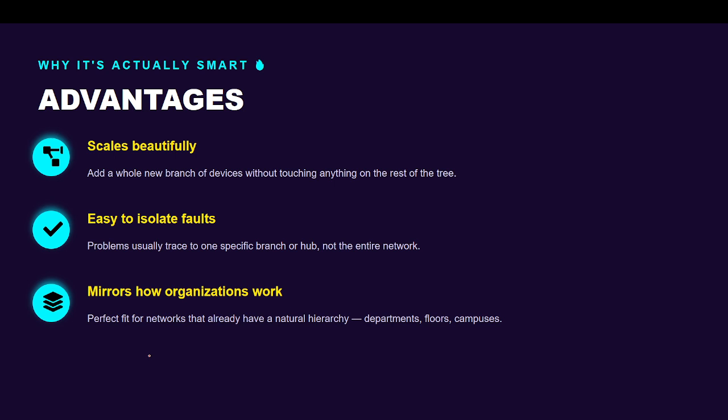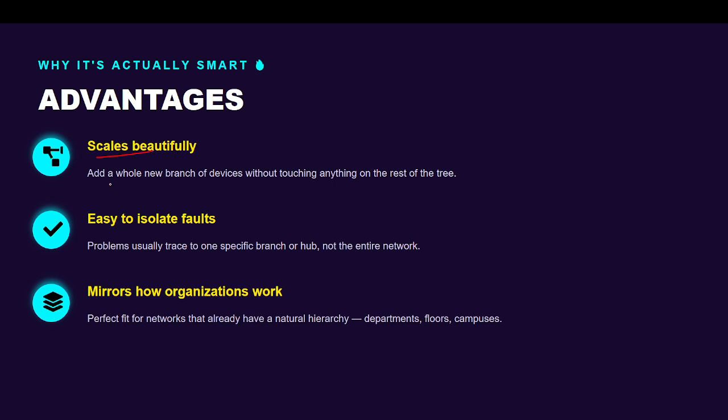But here is why companies actually build it this way. One, it scales beautifully. Add a whole new branch of devices without touching anything else. It allows more devices to be attached to a single hub and can therefore increase the distance a signal travels between devices.